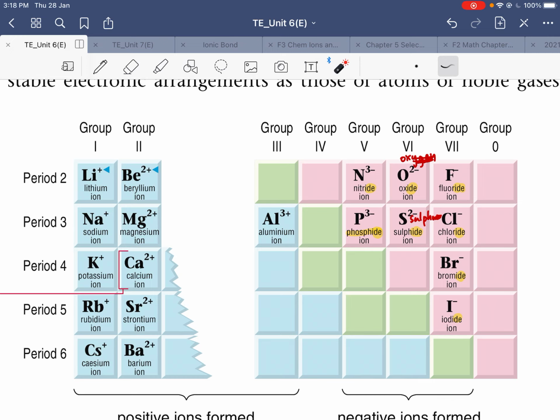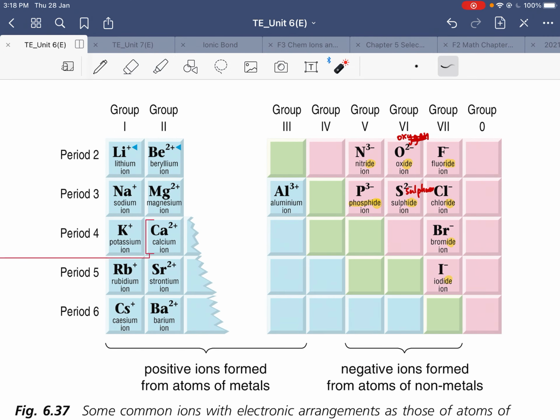The common characteristic is that all the cations retain the name, but all the anions end with IDE. It is easy to remember group 7 because you have learned it. Group 6, I think no problem, but for group 5, especially the word phosphide, this is quite difficult for you to spell.